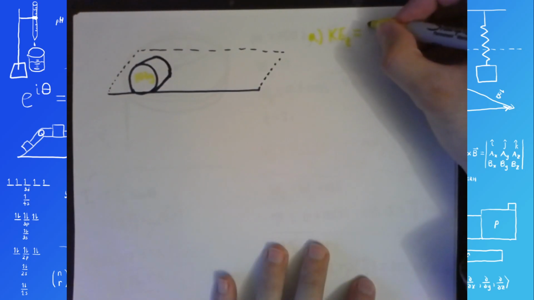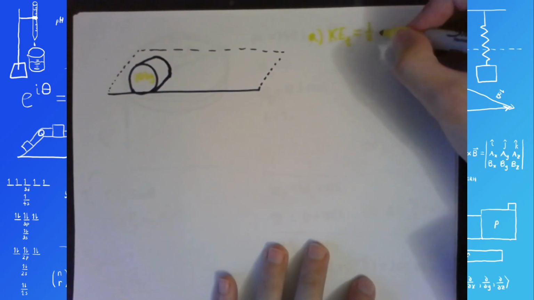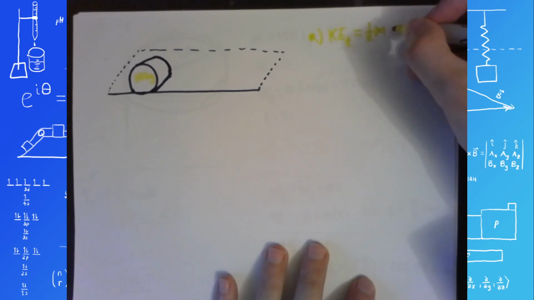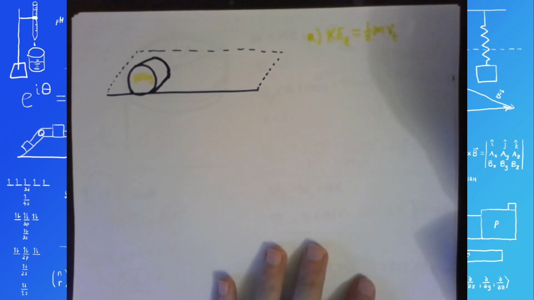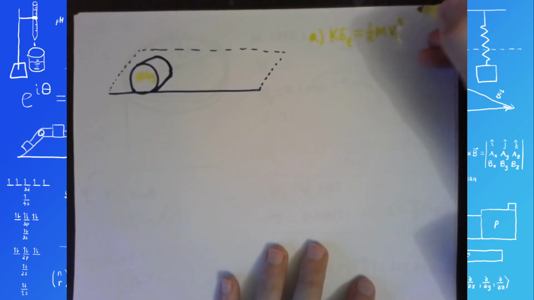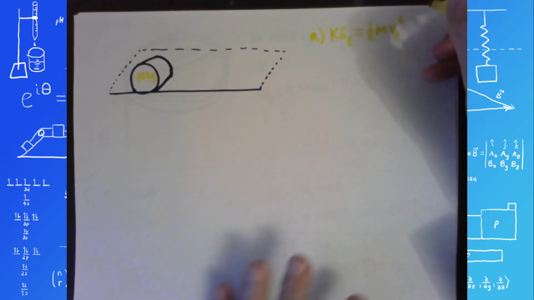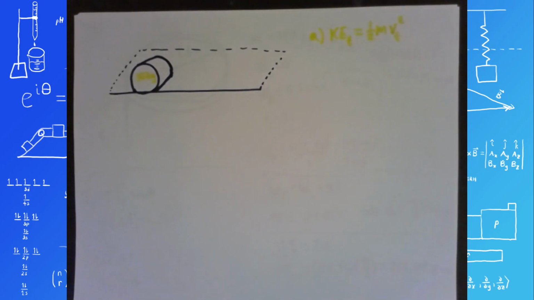Translational kinetic energy is going to be 1/2 the mass times the speed of the center of mass squared, which is also equal to the tangential speed.